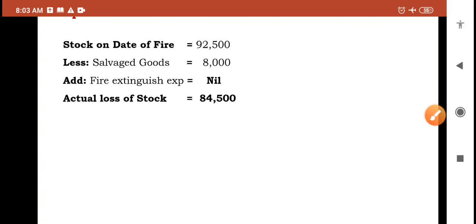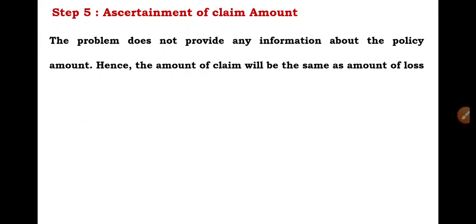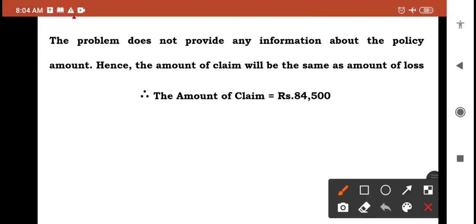And next we will go with the ascertainment of claim amount. In the question, nowhere do they mention the policy amount, right? The problem does not provide any information about the policy amount. So the amount of claim will be the same as the amount of loss.